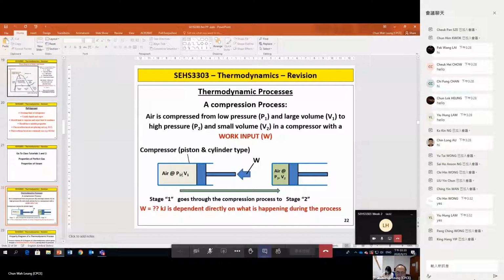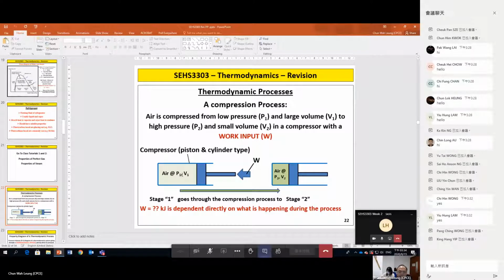So what I need to do is apply a work done and push the piston inward, to compress the air from a low pressure P1 to a high pressure P2.